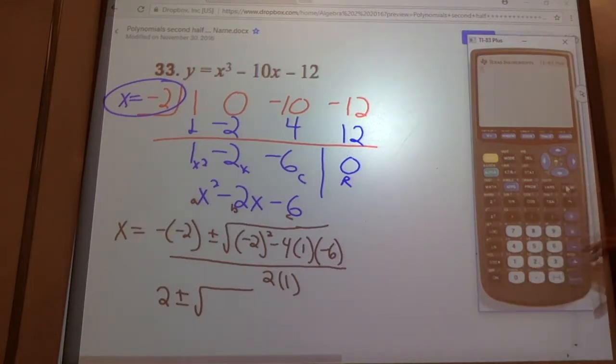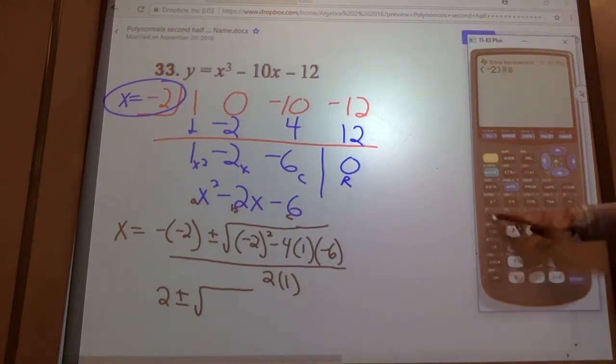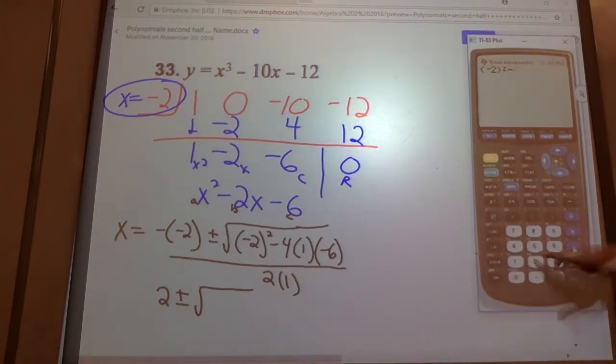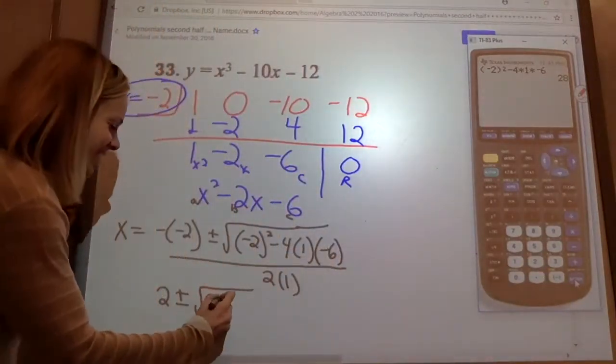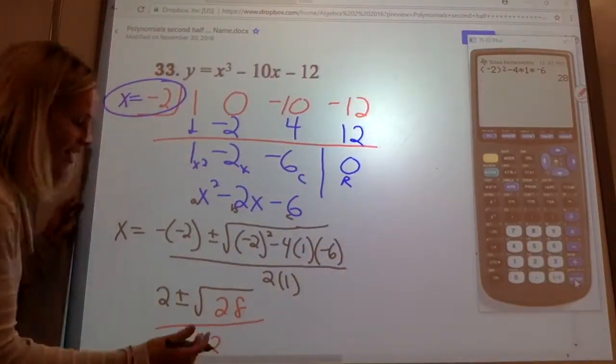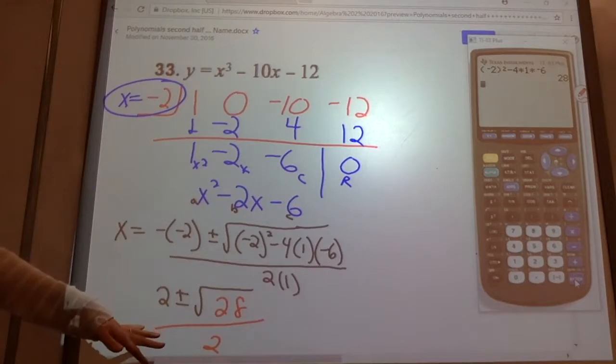How come I can't get negative 2 squared minus 4 times 1 times negative 6? 28. Well, that's easy. Why didn't you show us that before? Okay? So then I can get from here to here very quickly.